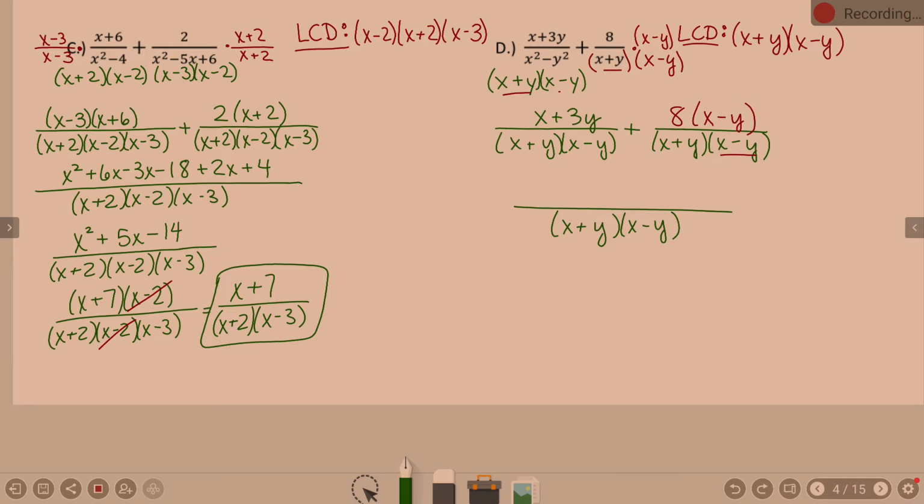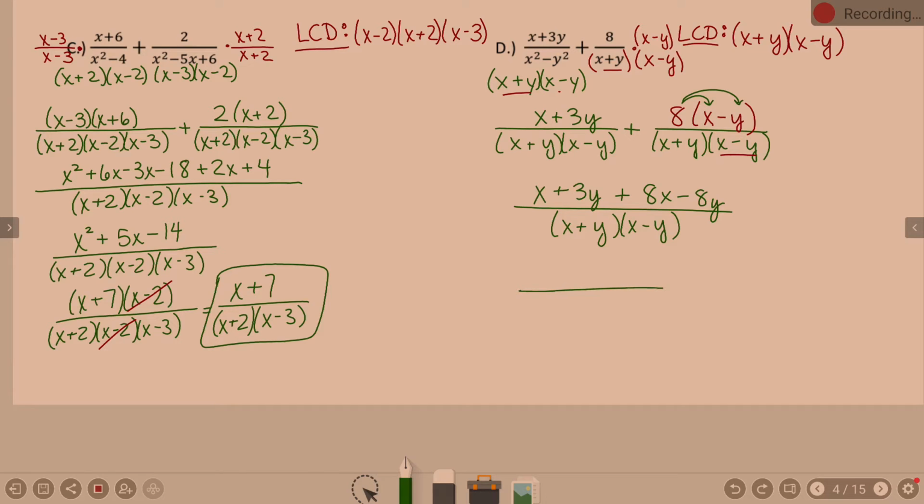My numerators, x plus 3y plus, what do I need to do with the 8 and the x minus y? Yeah, we need to multiply those, so we're going to distribute. And that's going to be 8x minus 8y. Okay.